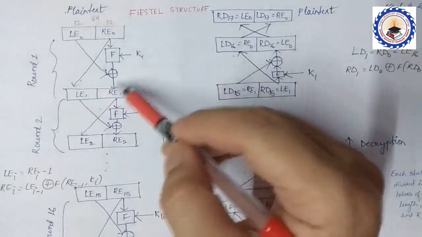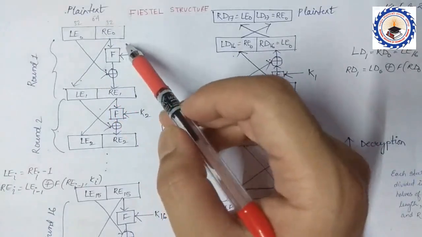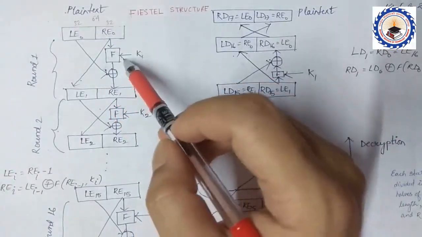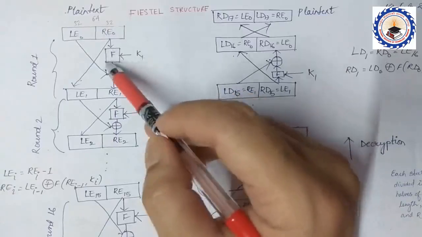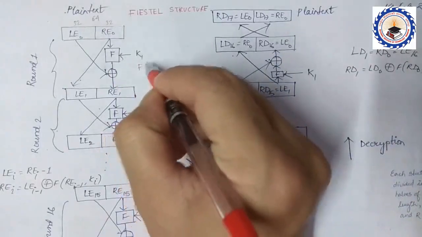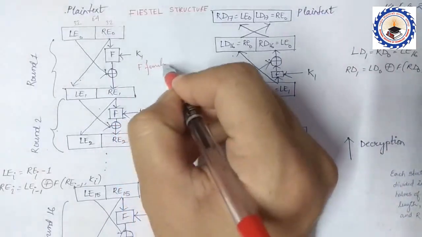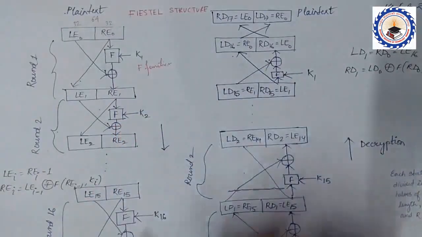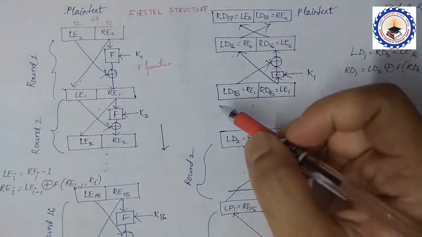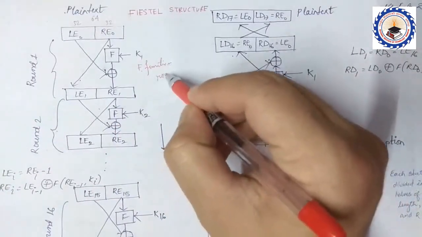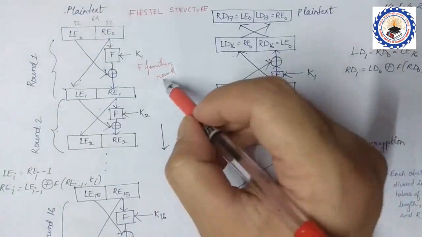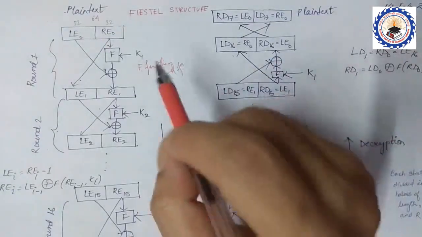If you look at this structure, we perform some operations here. We call this the F function, or round function.